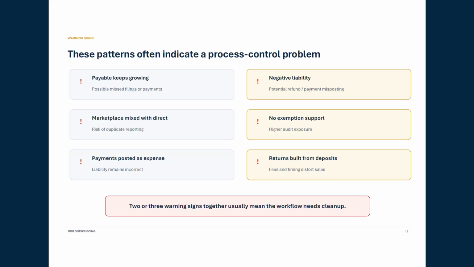Sales tax payments are posted as expense instead of reducing the liability, or returns are prepared from bank deposits rather than sales data. If you see 2 or 3 of these warning signs together, the issue is usually not one transaction. It is a process control problem. That is the right time to clean up the workflow before exposure becomes larger.